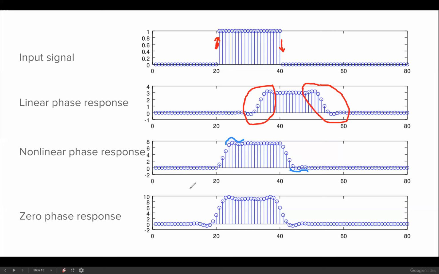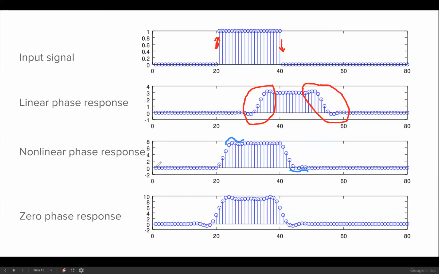Couldn't help it myself. But anyways, the same signal on a zero phase response system. Zero phase response system means that I first run the signal through this system, and then I do a time reverse of this signal. So this becomes the first signal, and that's the last signal.